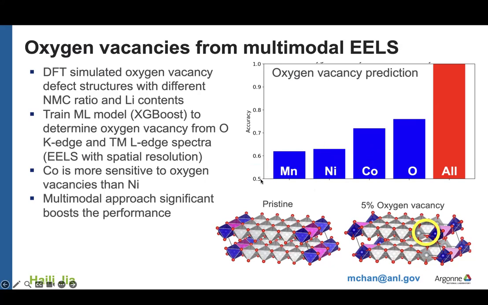And she started with 0.5, which was slightly illegal, but as long as you notice that. Manganese, nickel, and cobalt are somewhat okay in predicting an oxygen vacancy. And oxygen spectra nearby also tell you. But if you include all of that information, all the edges, it gives you a much higher likelihood of getting the correct answer.